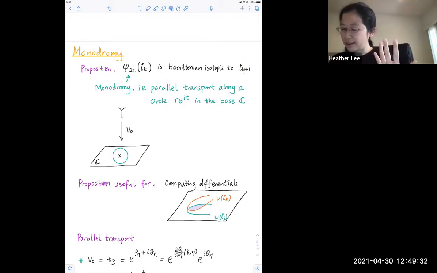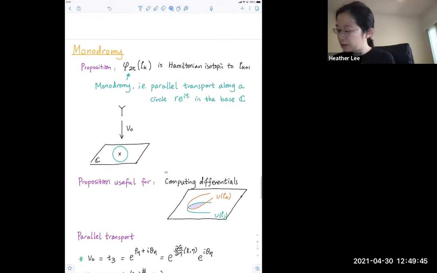So for us, in this mirror symmetry picture, we need this fact in order to compute the differentials between 2 Lagrangians. When we compute differentials of 2 Lagrangians in the total space of Y, that would be 2 Lagrangians corresponding to 2 U-shaped curves in the base.